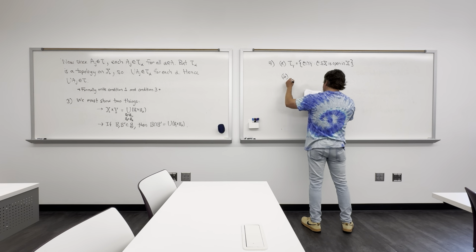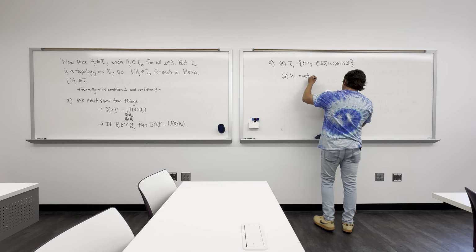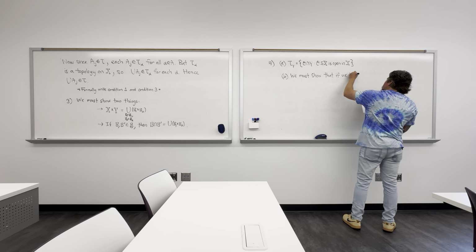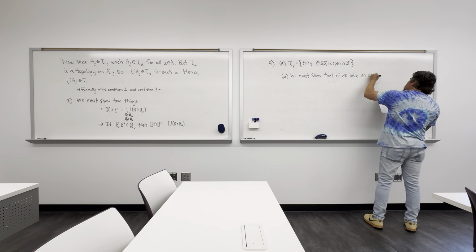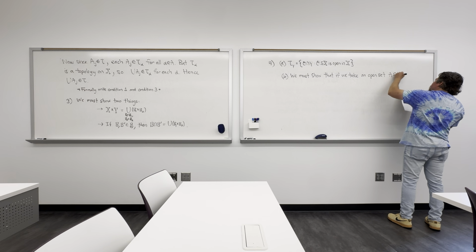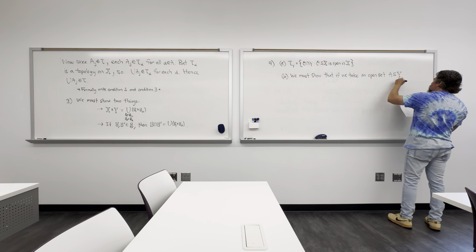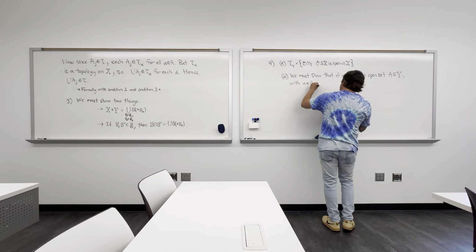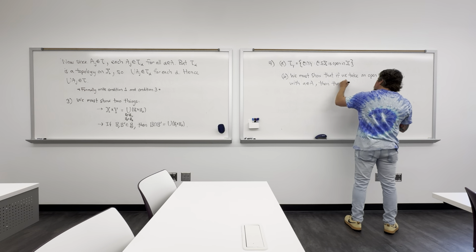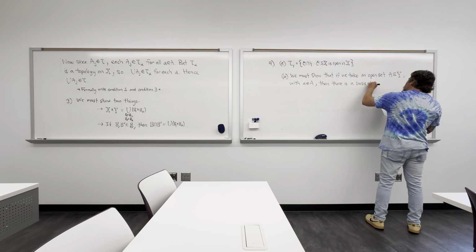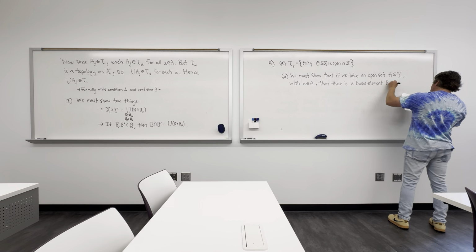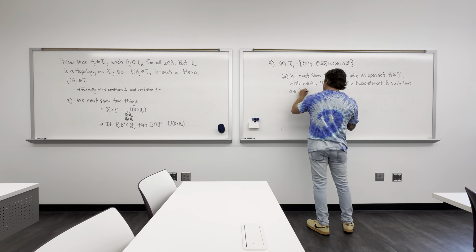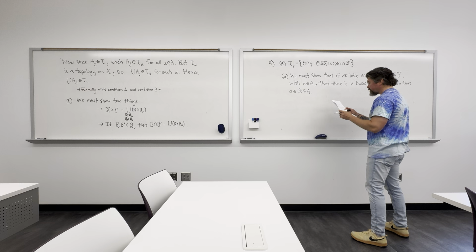So for the question, we need to show that if we take an open set, we'll call it A, which is a subset of Y, with an element in A, then there is a basis element B such that A is in B is the subset of A. Here, okay, so let's do this.